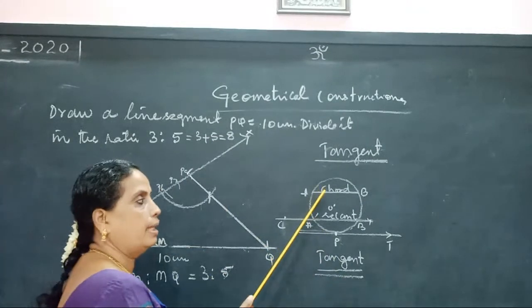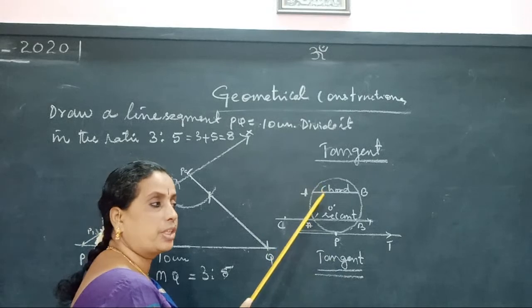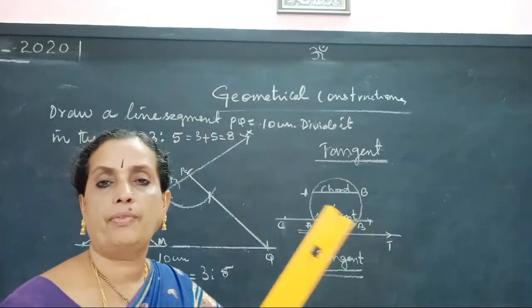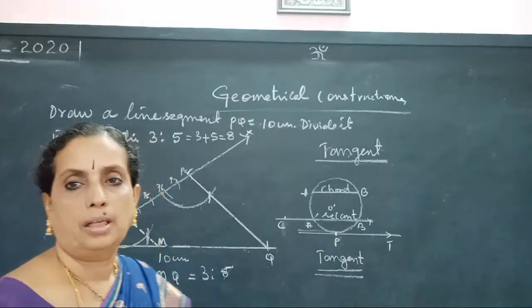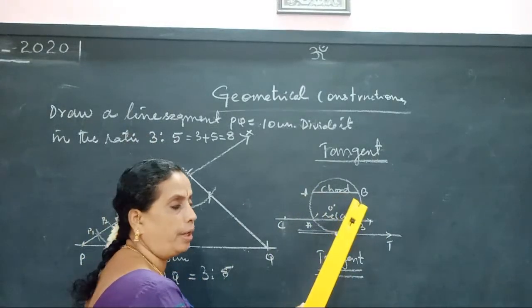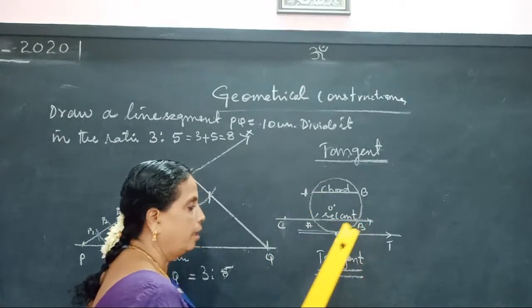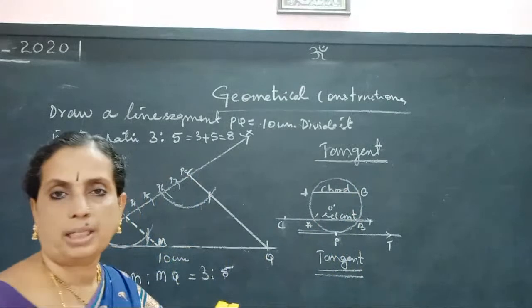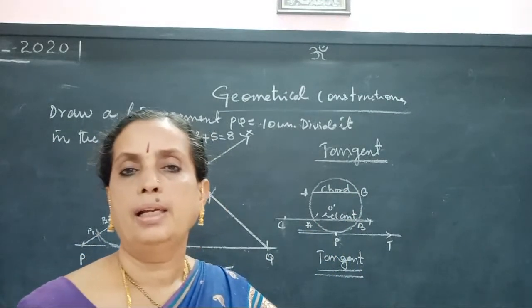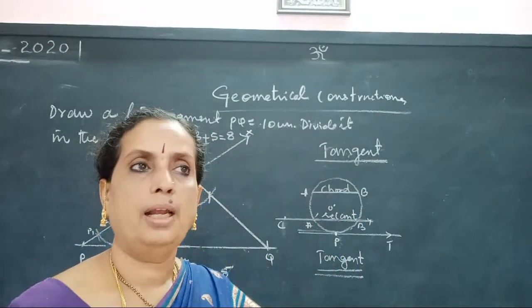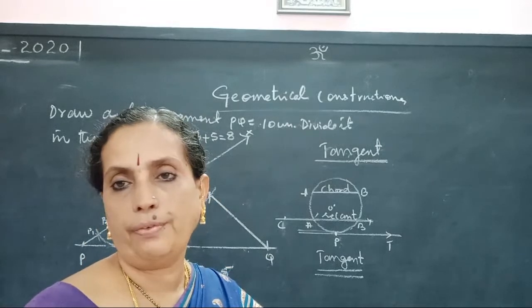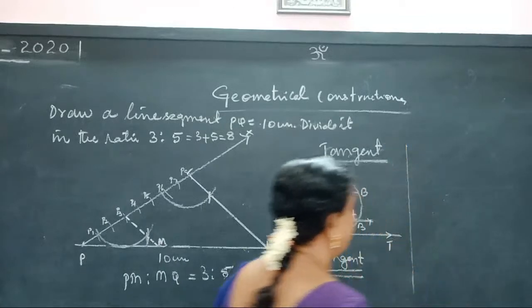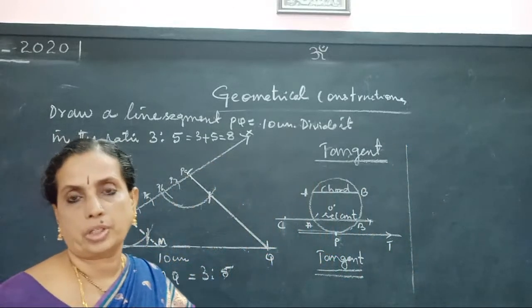A chord is a line segment which has 2 fixed points on the circumference of a circle. It has only 1 point of intersection. Exactly, it touches the circle at 1 point. Got the difference?